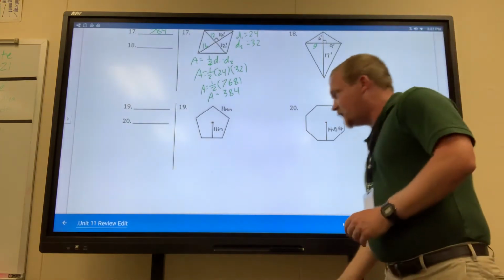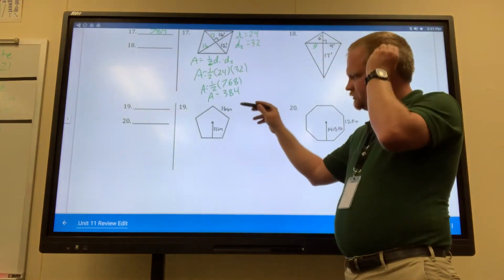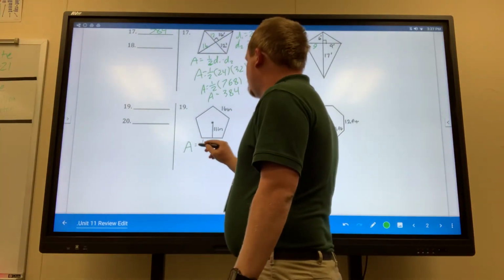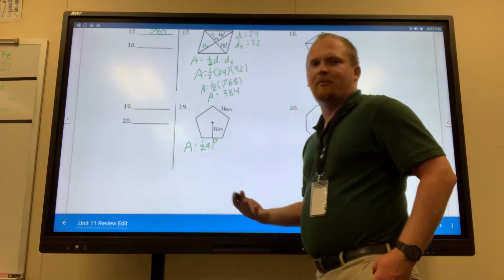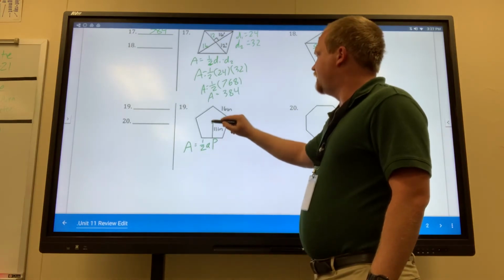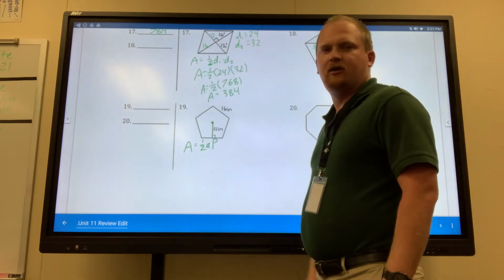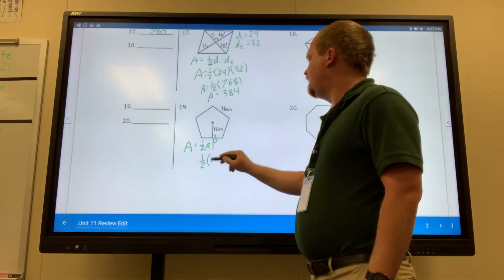Now, to find the area of a regular polygon, we got to be able to find both the apothem and the perimeter. Remember, the apothem is the length from the center of the polygon down to the side where it's perpendicular. So in this case right here, it's going to be 11.